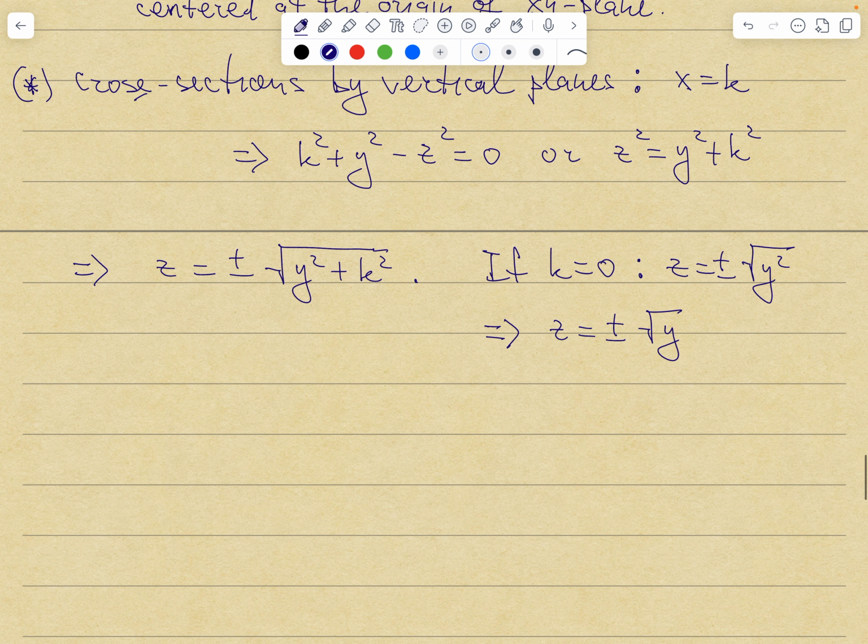On the other hand, if k is not equal to 0, so for example, k is equal to 1, then z is equal to plus or minus the square root of 1 plus y squared. What sort of a shape is that?